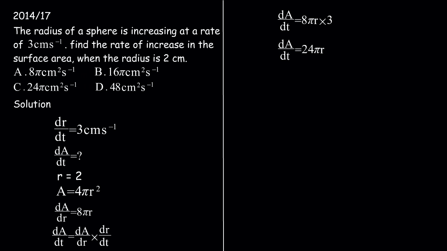Multiplying, it becomes dA/dt is equal to 24 pi r. Now we know that the value of r is equal to 2 because we were told when the radius is 2. Now substituting 2 for r, dA/dt will be equal to 24 pi times 2, which makes dA/dt equal to 48 pi centimeter squared per second.